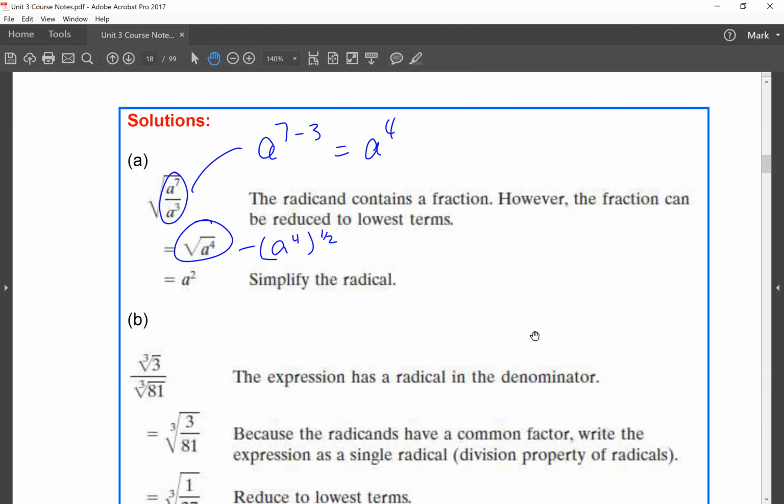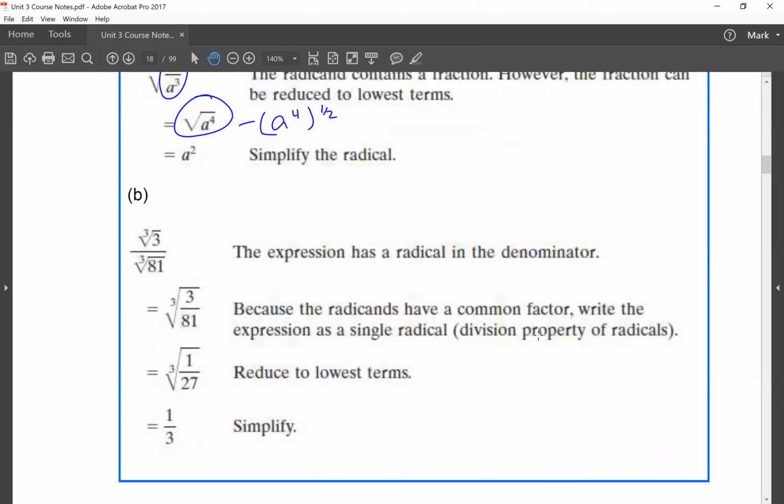So let's look at something a little harder. We have the cube root of 3 and the cube root of 81. But the thing about this, and I guess I can show you this, these guys have a common factor. Now, what do I mean by that?